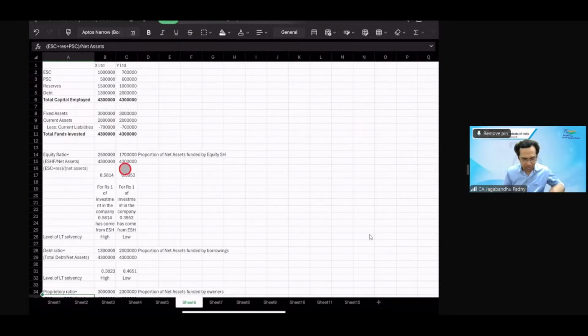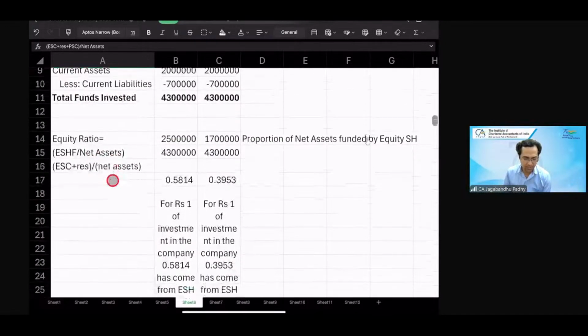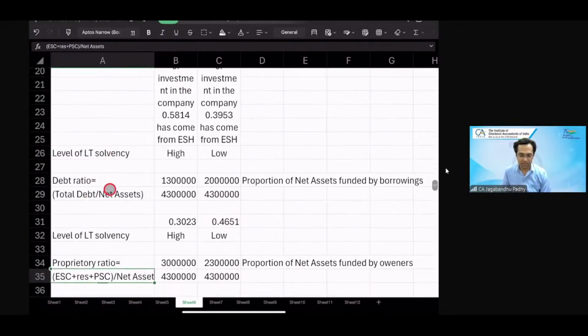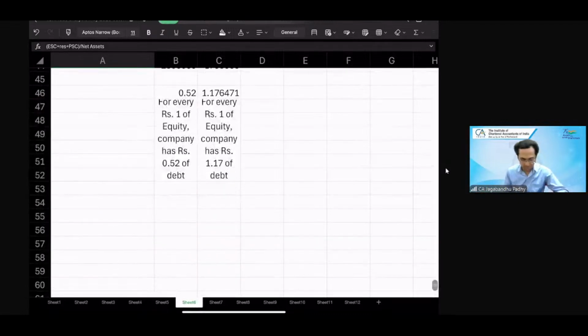That is computed by some of the ratios like the equity ratio, which is equity shareholders' funds upon net assets. Then we have the debt ratio, which tells us the total debt upon net assets. Then the proprietary ratio was owned funds in the numerator, net assets in the denominator. And the level of long-term solvency was again calculated using the debt equity ratio, which was debt funds, which is total borrowed funds, upon equity shareholders' funds.